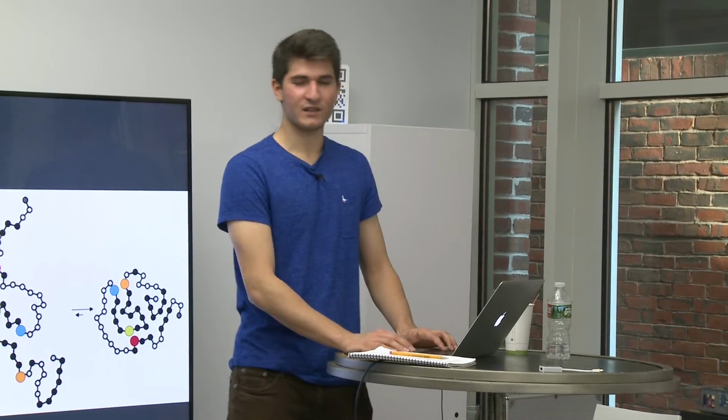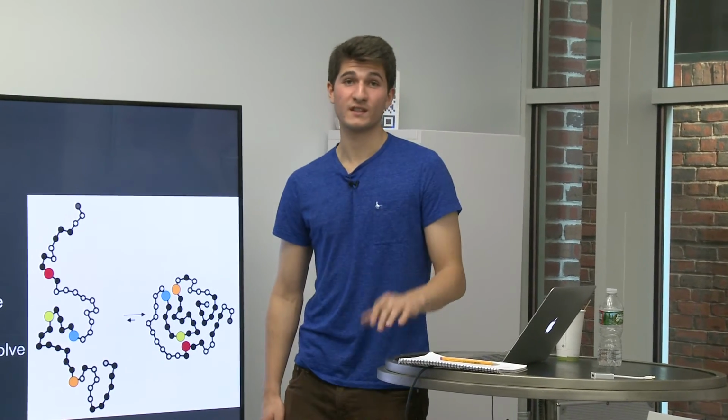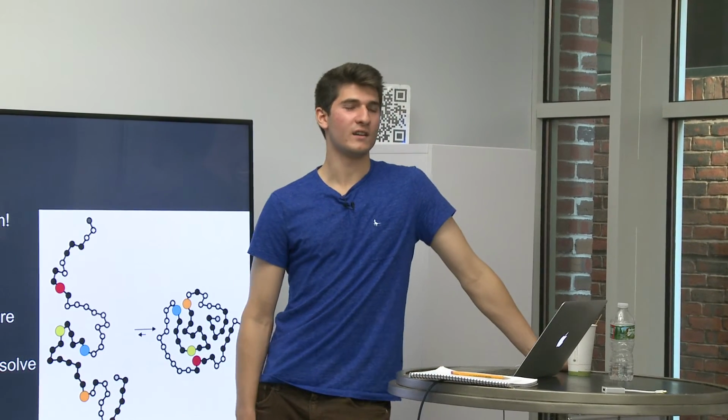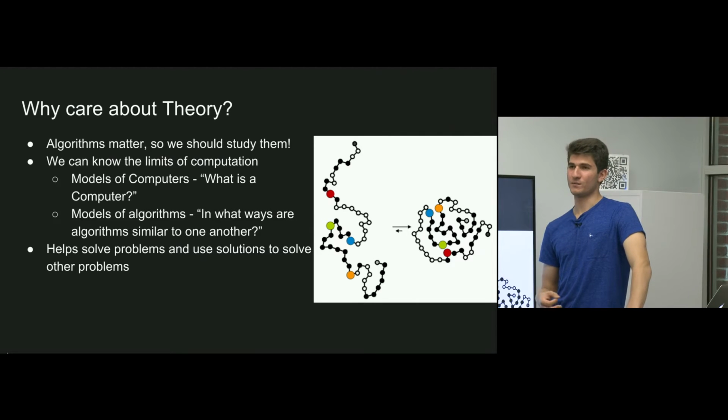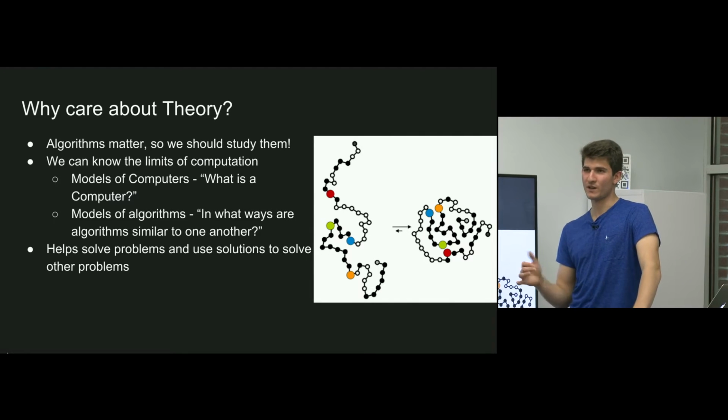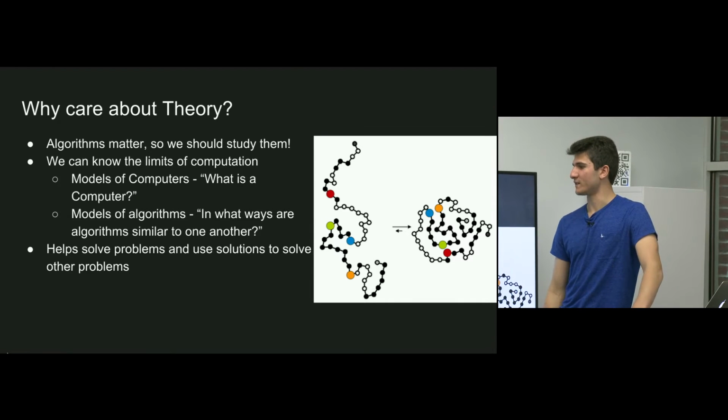Why should we care about the theory of computer science? In CS50, you learn a lot about the running time of algorithms, how algorithms work, and the best ways to solve certain problems. But theory of computer science goes into how we can extrapolate from there, and what the fundamental things about algorithms are that make them similar to and different from one another, as well as how to model a computer in its simplest form.